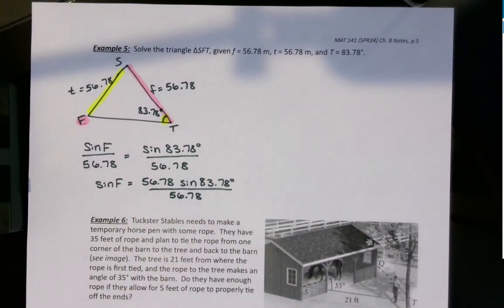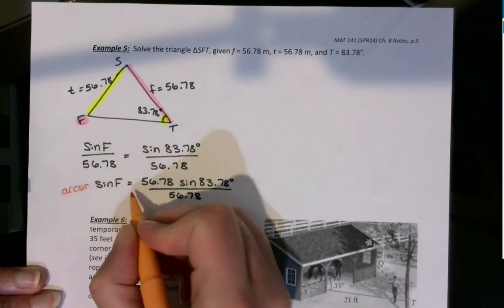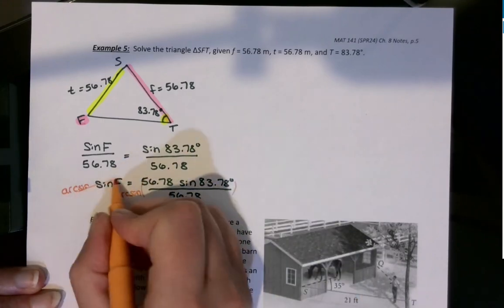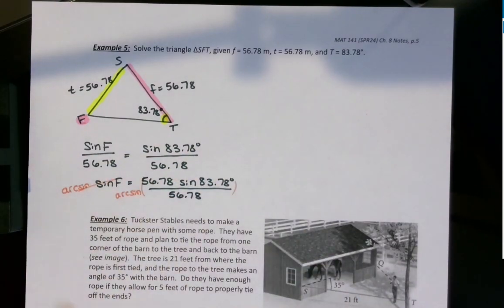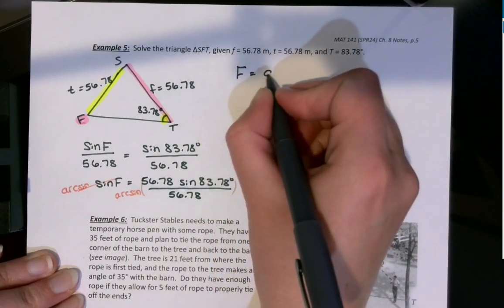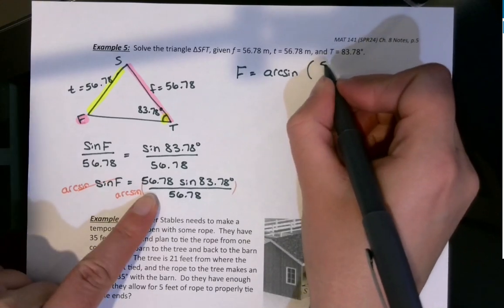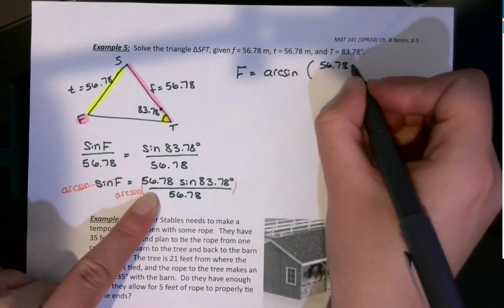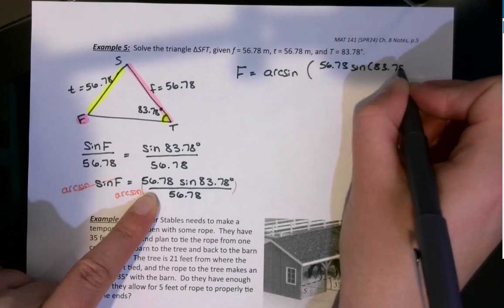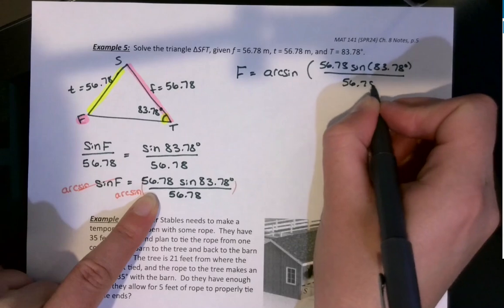And I'm just going to go ahead right now and do the arc sine of both sides, getting me angle F. So angle F is going to be equal to the arc sine of 56.78 times the sine of 83.78 degrees over 56.78.